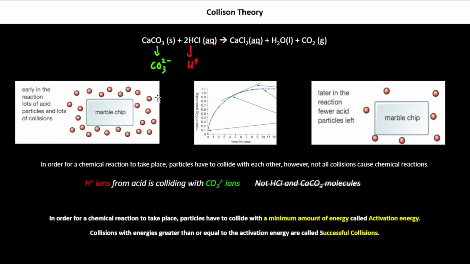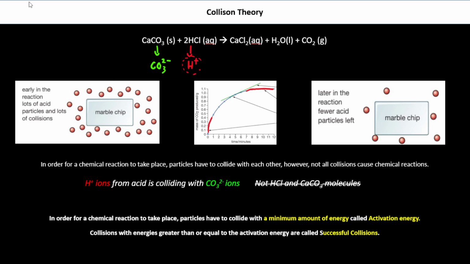Now in here we can see that in the early reaction, the reaction is very fast because a lot of the acid particles are colliding with the carbonate chip. But later in the reaction around here, the graph is becoming shallower, meaning that the reaction rate is becoming so slow. It is because the H+ has been used up.